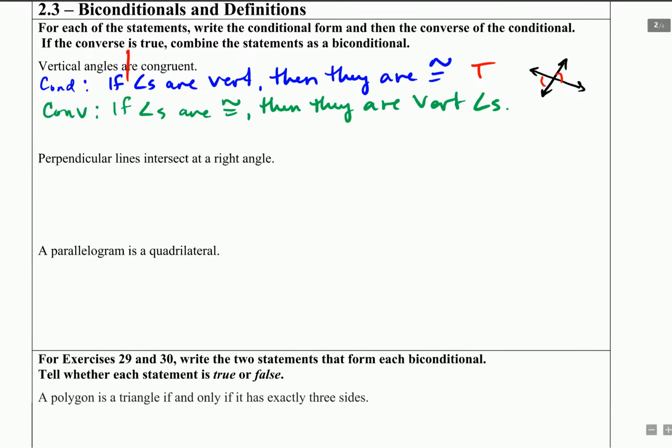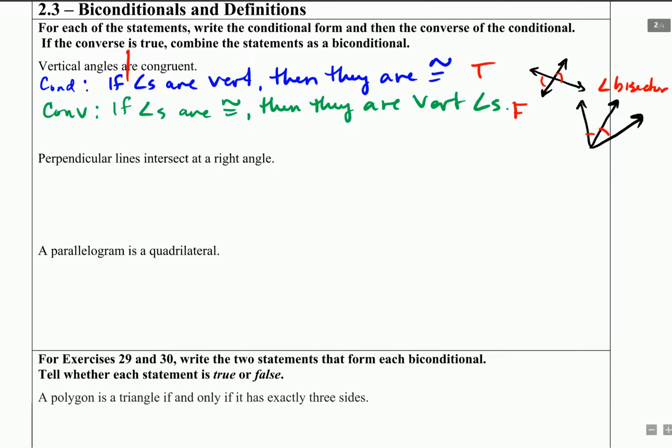Is there any way to draw congruent angles that are not vertical? How about these guys here? How about our angle bisector? So that's false. If we bisect an angle, we have two congruent angles, and they are not vertical angles. So that one is false. Not a good definition. Here shortly we're going to get our vertical angles theorem, and you will get your good definition for vertical angles.